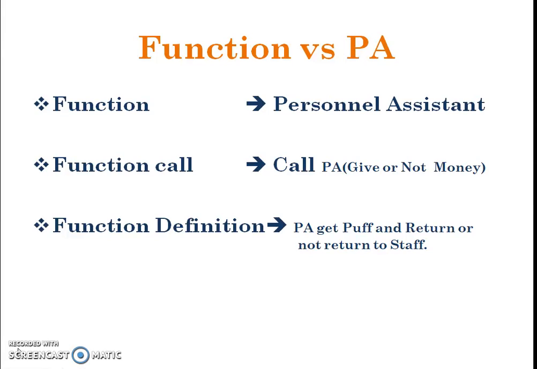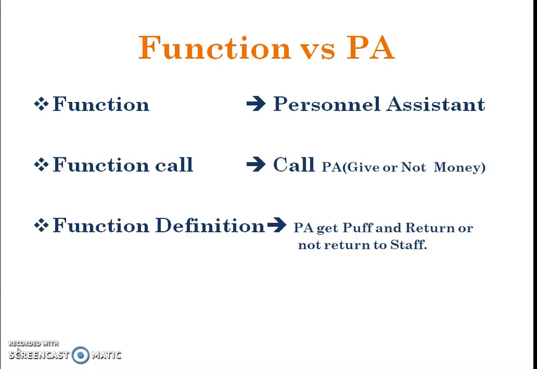Now we are going to compare our example scenario with the function elements. In the example scenario, the function is nothing but the personal assistant. Repeatedly I need some task, and the task is done by the personal assistant. The second one is function call. Whenever the staff needs a puff, he will simply call the personal assistant, and at the staff's wish he may or may not give the amount for the puff.